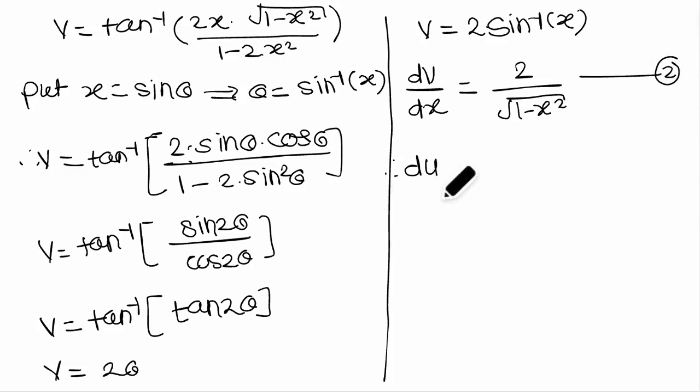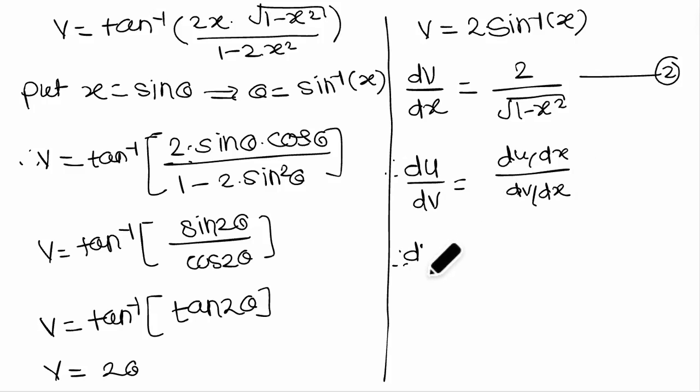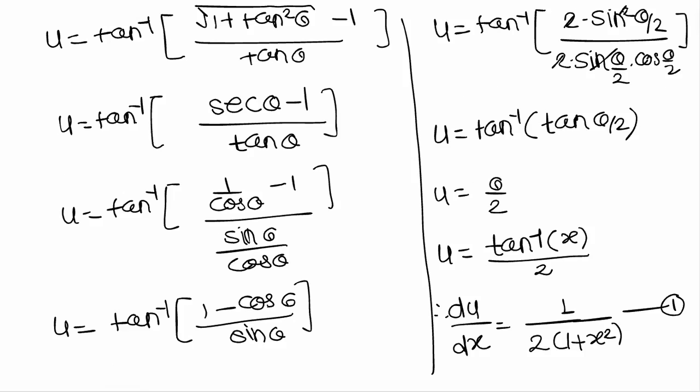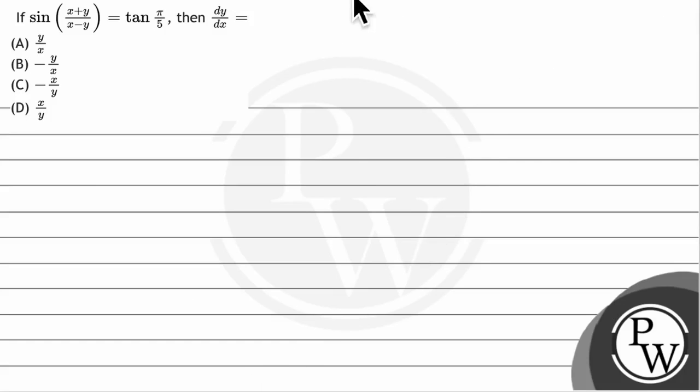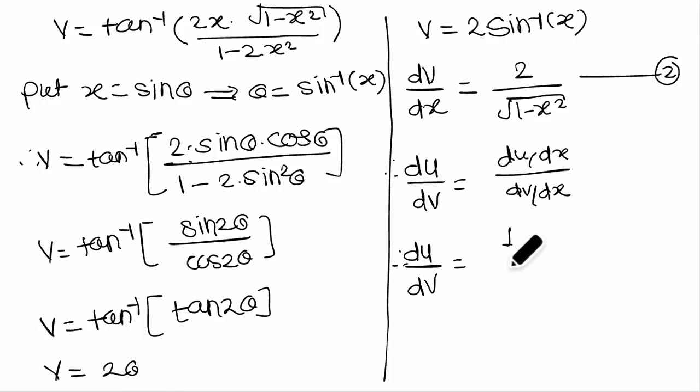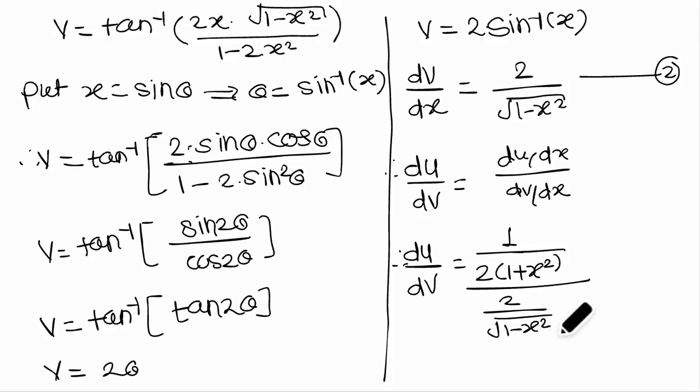So now find the value of du by dv. How do we calculate du by dv? From equations 1 and 2: du by dx whole divided by dv by dx. So substitute. Our du by dx will be 1 upon 2 into (1 plus x square), whole divided by dv by dx, which is 2 upon root of 1 minus x square.